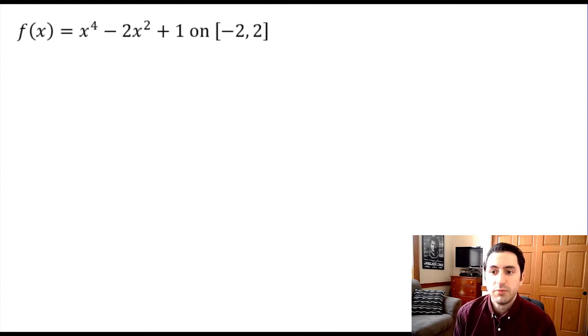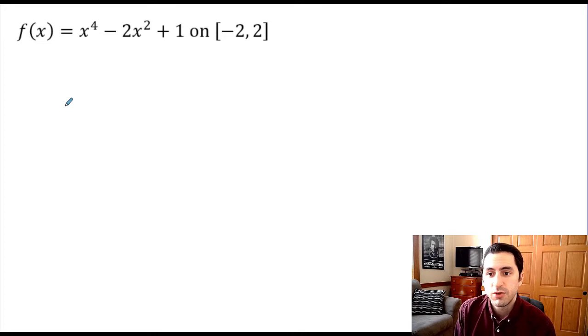So the first thing, is this continuous on our interval? Well, my function f is a polynomial, so it's continuous everywhere. So it is going to be continuous on this interval. And furthermore, because it is a polynomial, it is going to be differentiable everywhere as well. So the first two conditions are met just based on the fact that this is a polynomial.